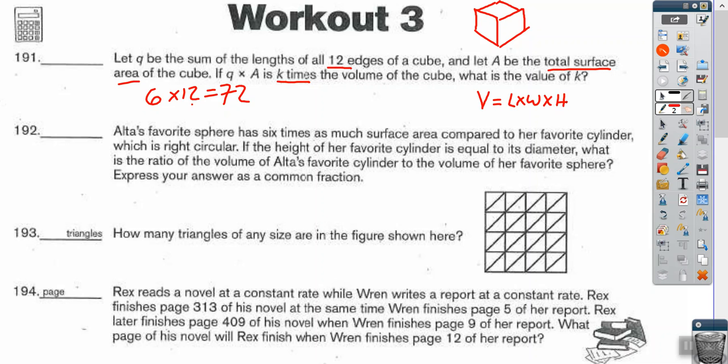And I know that there are 12 edges, but do I know what the edge length is? No, I don't. All right, so I'm going to call the edge, let's call it X.